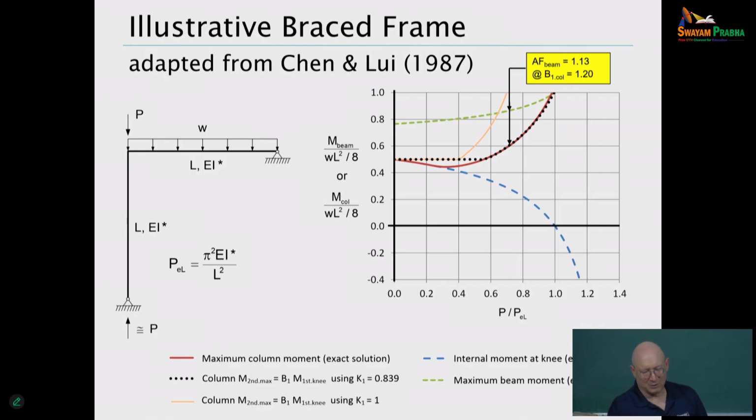If you are calculating a B1 on a column, and it's larger than 1.2, you're advised don't use it. Go to a general purpose analysis to get your calculation. Now at B1 on the column of 1.2 in this particular idealized frame, you can see that the beam moments are already amplified by 13%.